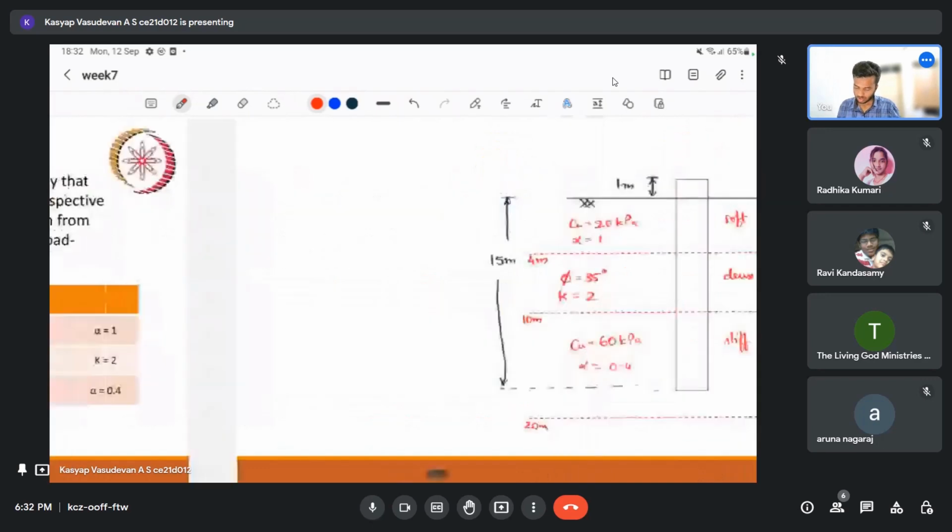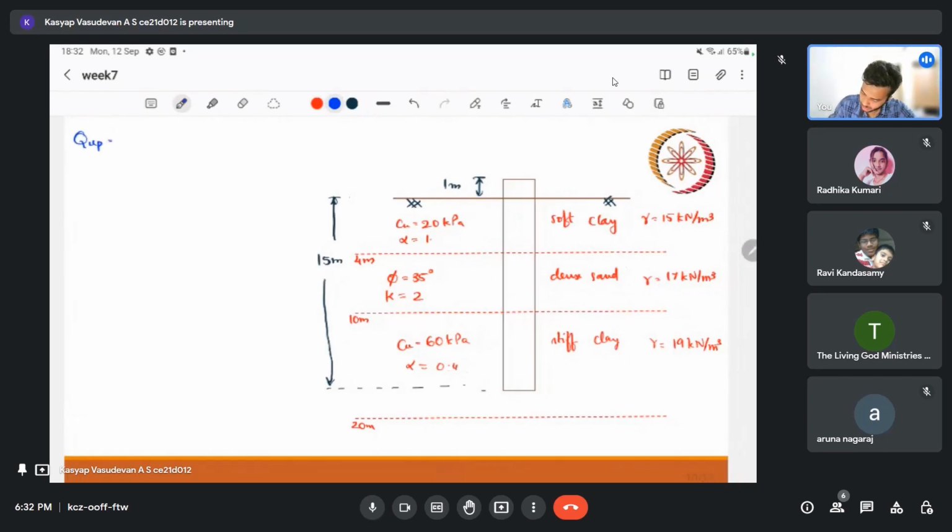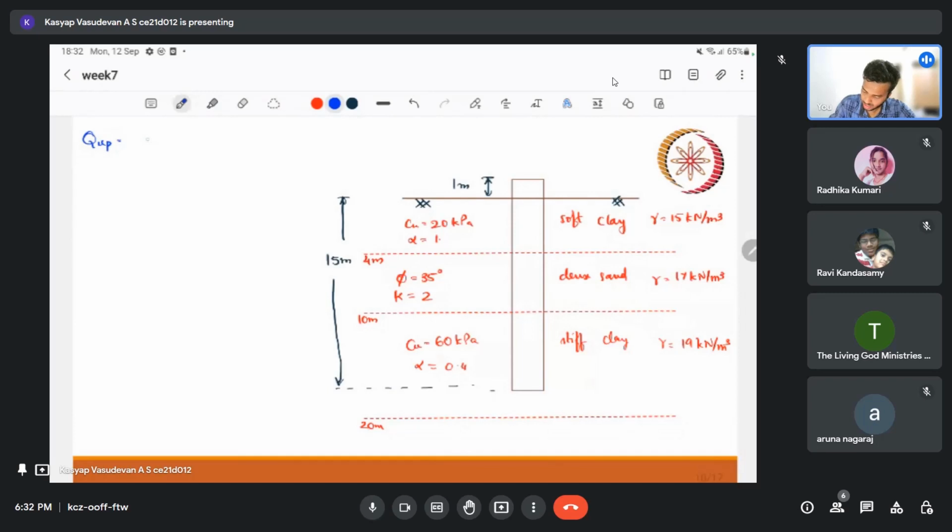So let us start with the bearing term. Our Qup value I can write as, since it is in clay, I can use the same Skempton's approach: Cu Nc Ab. At the base, as I told before, we have to take the cohesion at the tip of the pile.